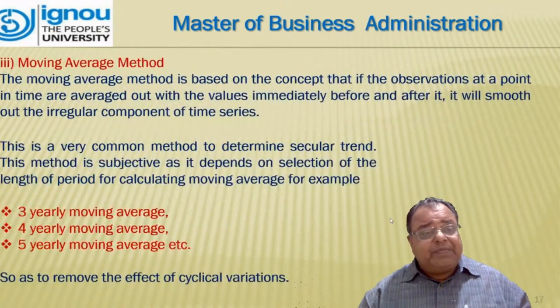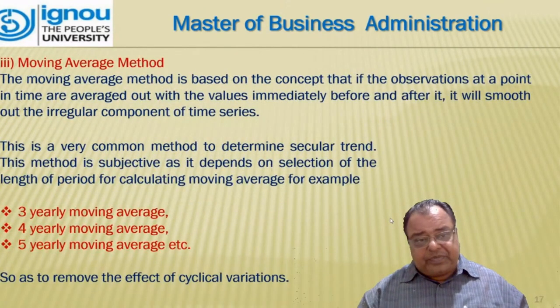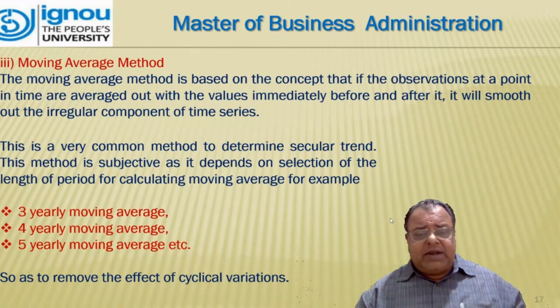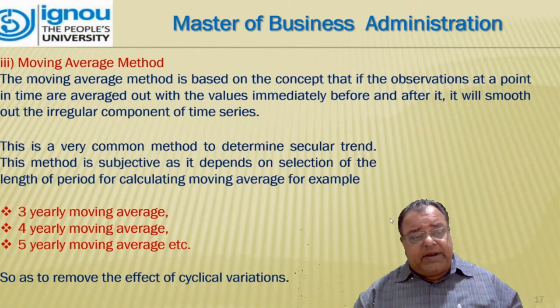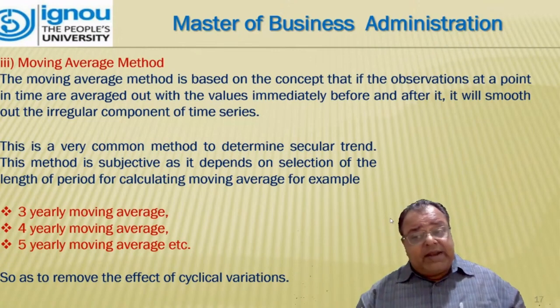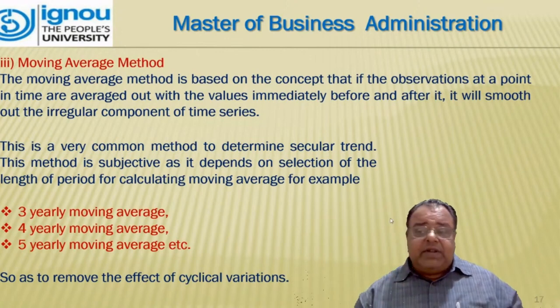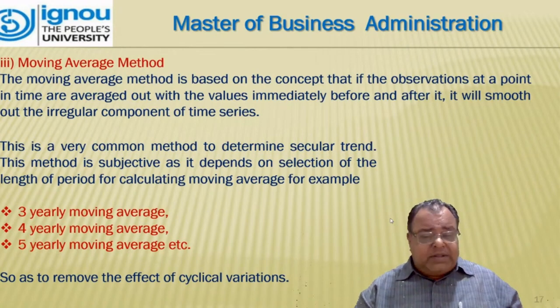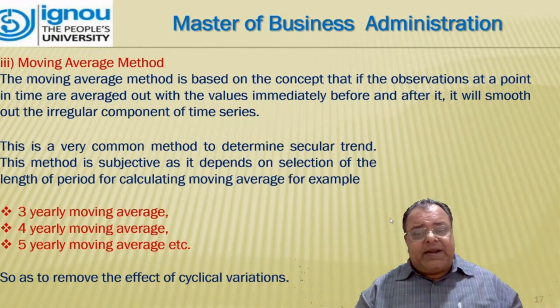Then the third one is the moving average method. The moving average method is based on the concept that if the observation at a point in time is averaged out with the values immediately before and after it, it will smooth out the irregular components of the time series. This is a very common method to determine secular trend.